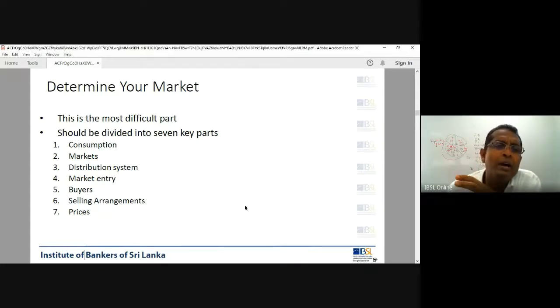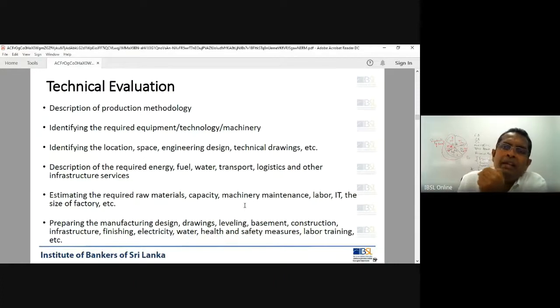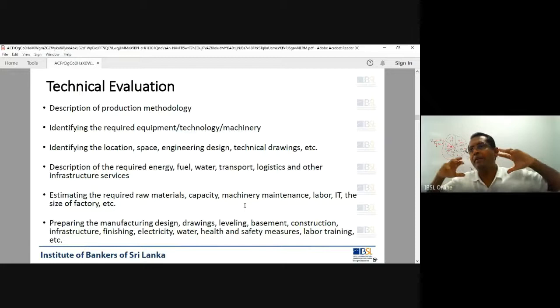Once you know the market, we go to the technical evaluation. Then how are we going to do the production? We have two things. One is batch production, second one is continuous production. What is batch production? Batch production is we produce as a batch.